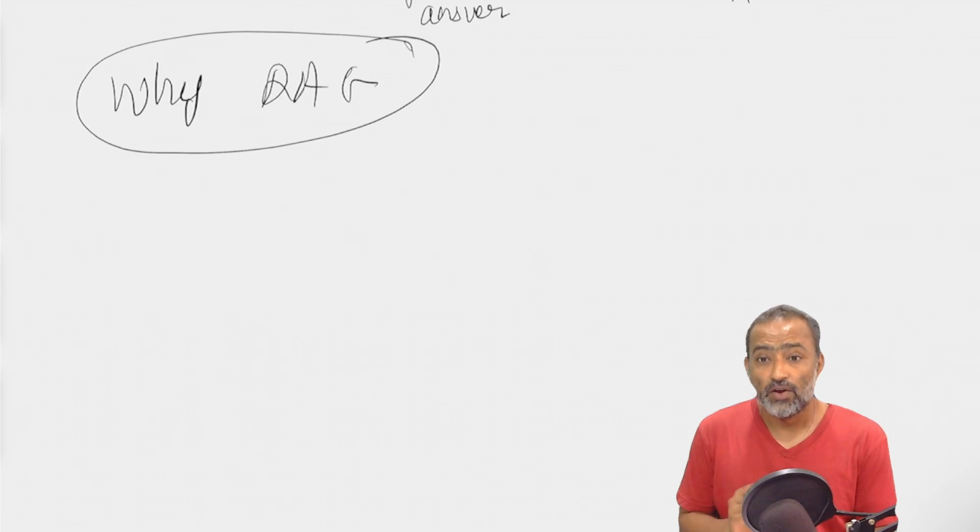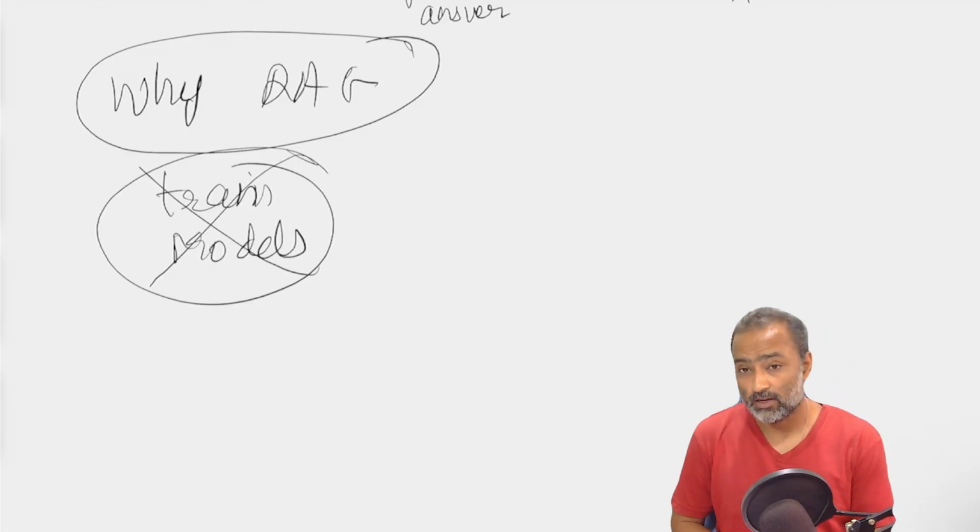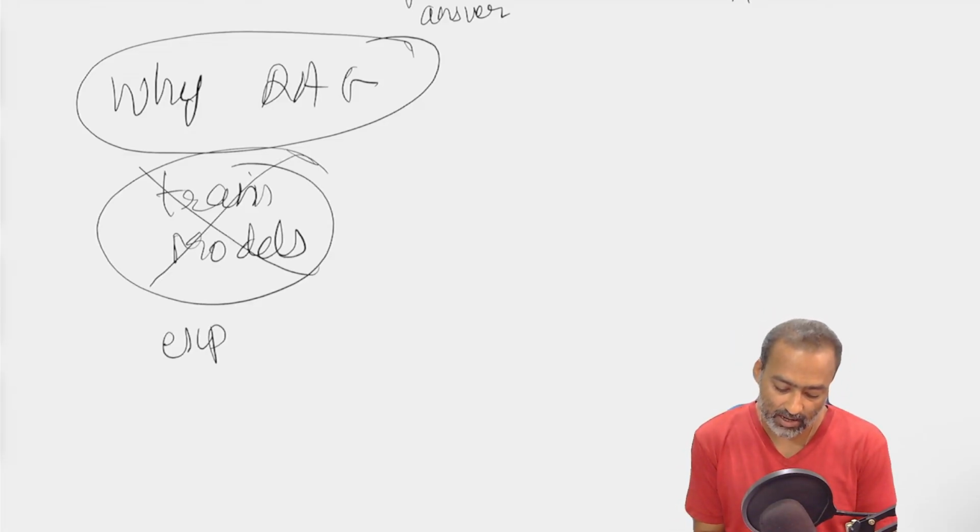So that is why RAG comes into the picture. It helps AI by passing the relevant information about the query, and then AI will finally generate the answer. That is why we have RAG, so that we don't have to train models again and again, because it is really expensive.